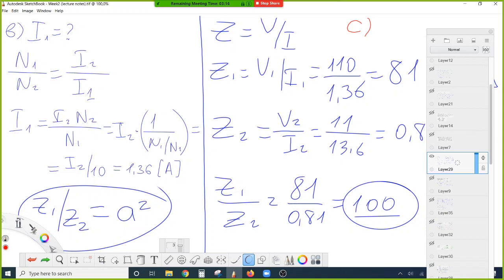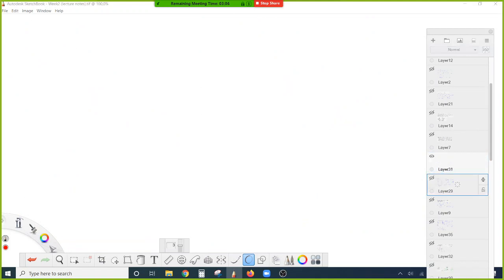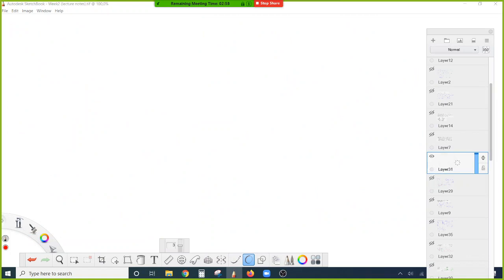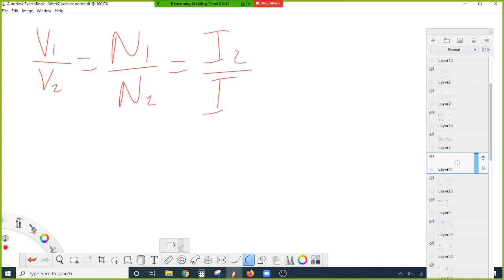Exactly. We have already derived this equation in the previous lectures. Look, for the ideal transformer, V1 over V2 was equal to N1 over N2, which was equal to I2 over I1, and all this was equal to A, where A is the transformer ratio.